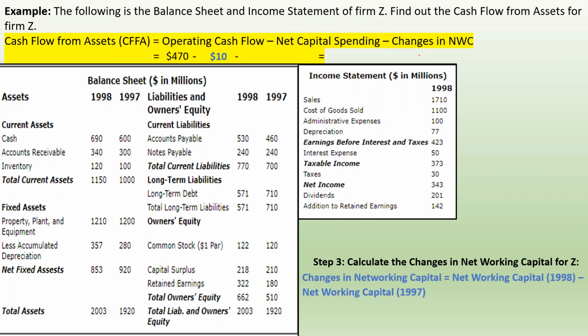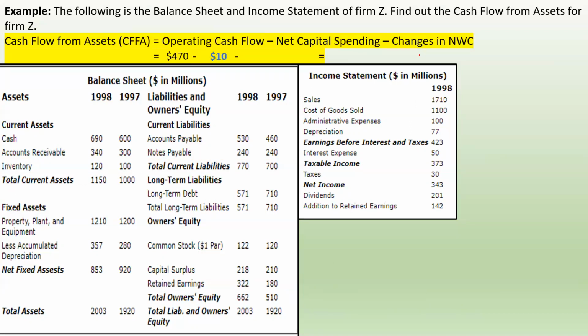It's net working capital in 1998 minus net working capital in 1997. Remember, net working capital is current assets minus current liabilities. We found that the change in net working capital is $80. So the cash flow from assets is $380 million.